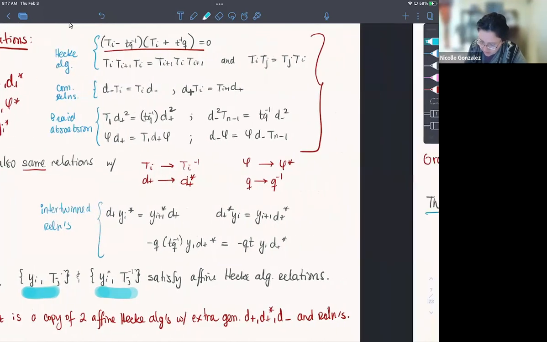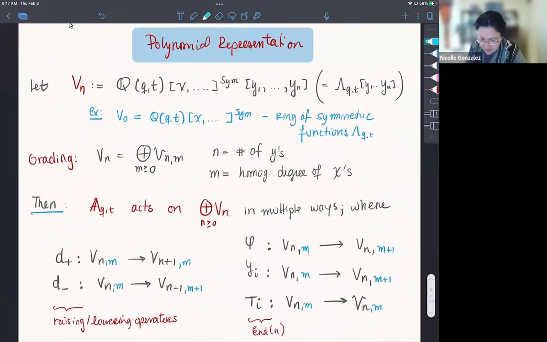Well, what Carlsson-Mellit did, the first thing is that they defined a representation of this algebra, which turned out to be very useful. To do so, they defined the following vector space. As I said in the beginning, we're going to consider basically just the ring of symmetric functions with some additional parameters, tensored with y_1 through y_n.